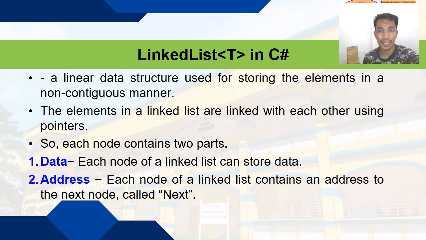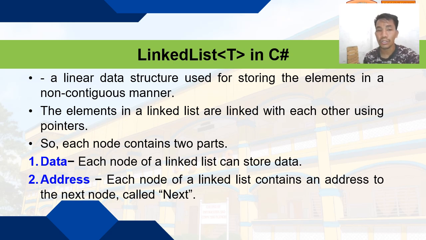The elements in a linked list are linked with each other using pointers. In other words, a linked list consists of nodes where each node contains a data field and a reference or link to the next node in the list.